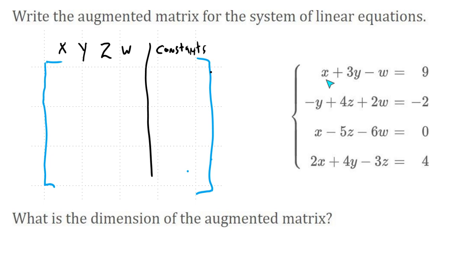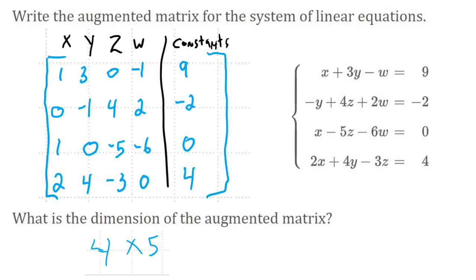For the first row we have x, the number in front of x is 1, so we would write a 1. And then the number in front of y is 3, so we would write 3. And then here we don't have a z, so we would write 0. And then w has a -1, so we would write -1, and then our constant is 9. And so if we write those out, then that's what we would have here.